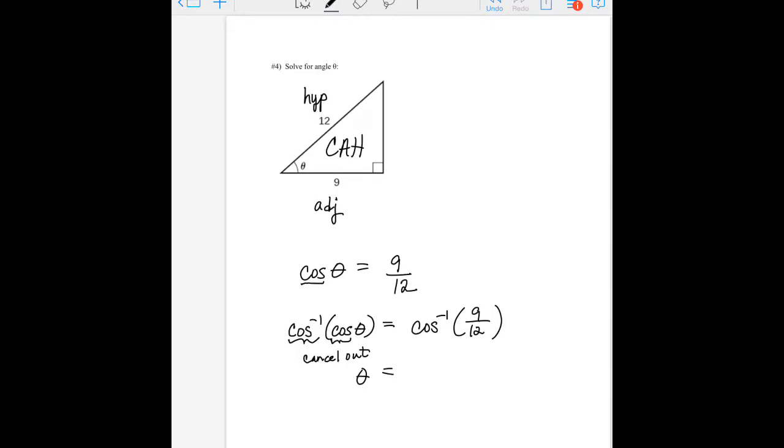But theta does not cancel, it simply drops down. So cosine to the minus 1 is the inverse of cosine, which is the opposite of cosine, and cosine itself will cancel out. So your resulting expression, the cosine inverse of 9/12, will give you, on the calculator, 41.4 degrees, or if you like whole numbers, call it 41 degrees.